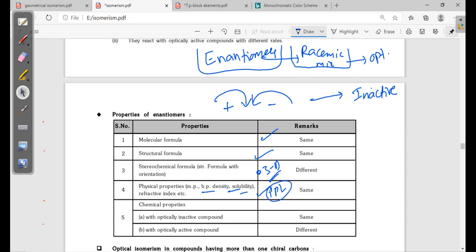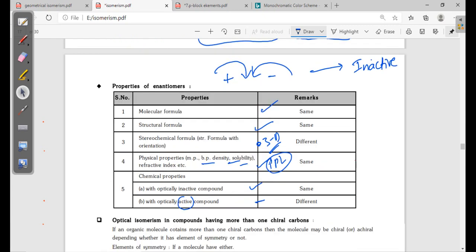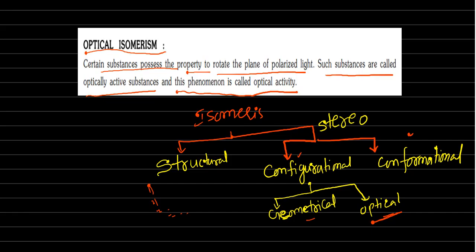Chemical properties with optically inactive compounds are same, with optically active compounds it is different. Why? See one example. I am taking one optically active plus compound.